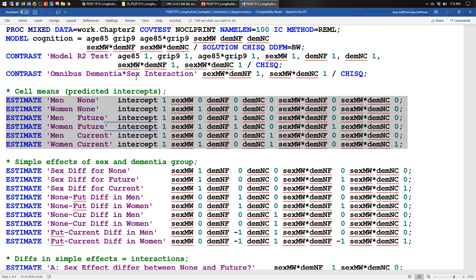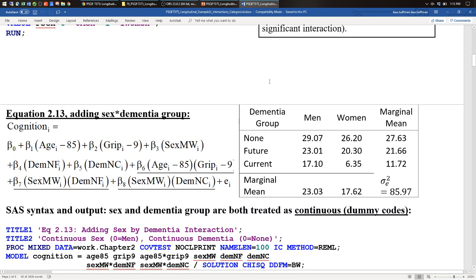And so these are just zeros and ones, turning each of the respective terms on and off. Stare at that for a minute. See if that makes sense. Okay, with me? So that is how I got these 6 numbers.